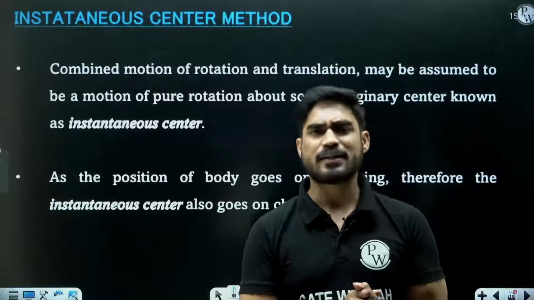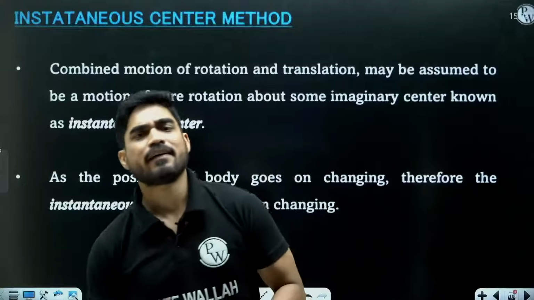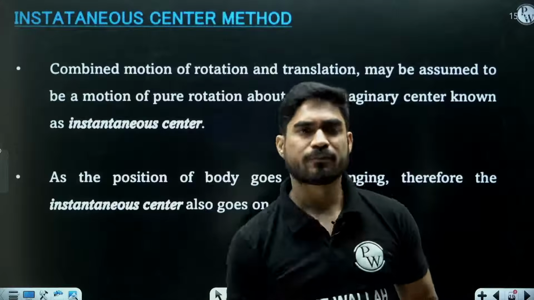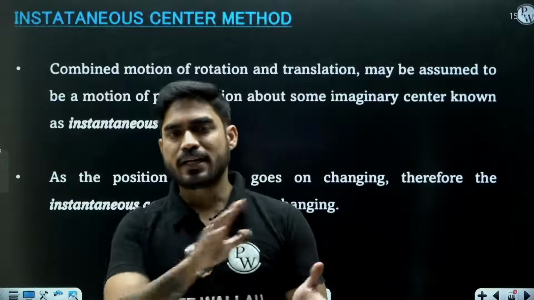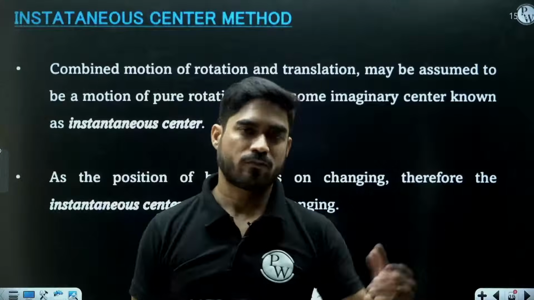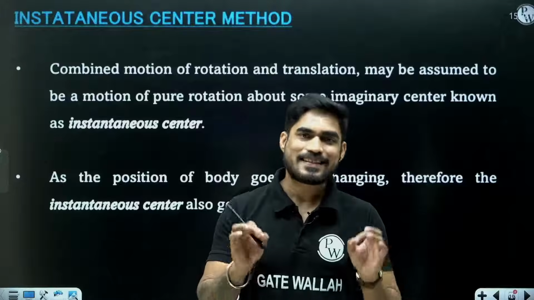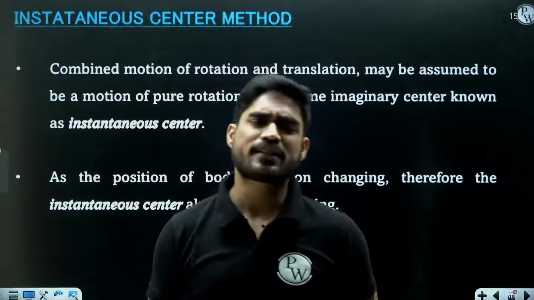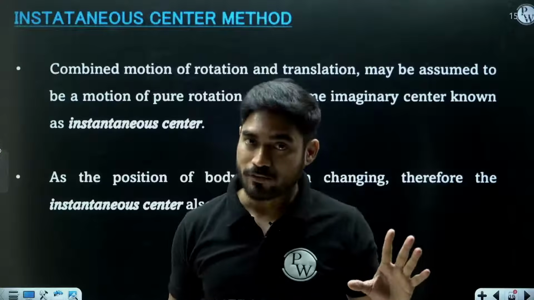Instantaneous means what? At a particular instant. For example, let's say a car is moving on a road. It started at 12 o'clock and it moved till 2 p.m. Instantaneous velocity of this car means at a particular instant. For example, at 12:30 p.m., what was the velocity of the car?